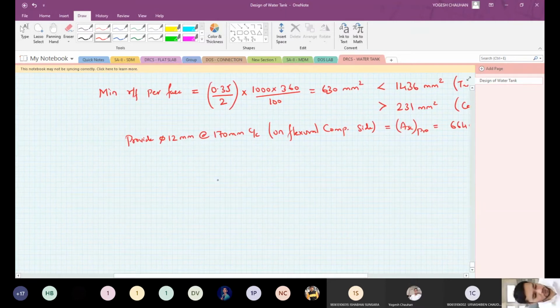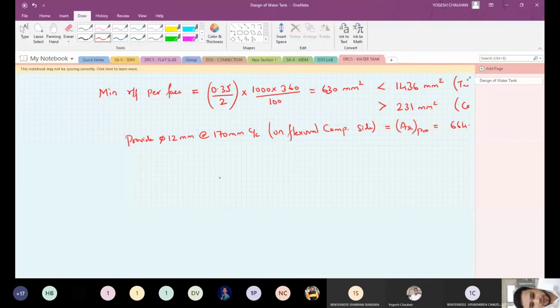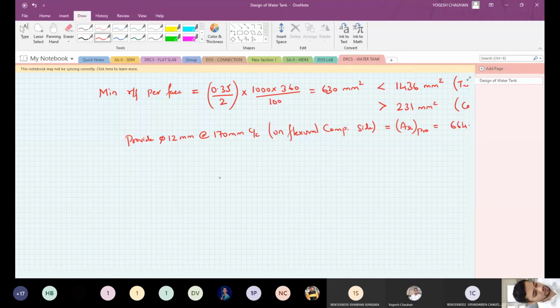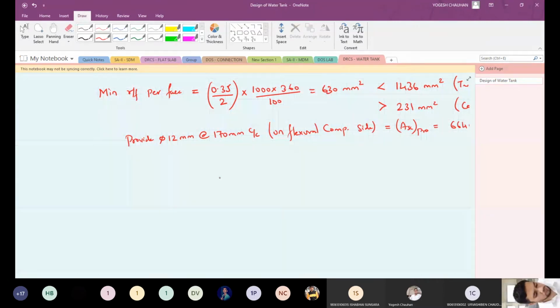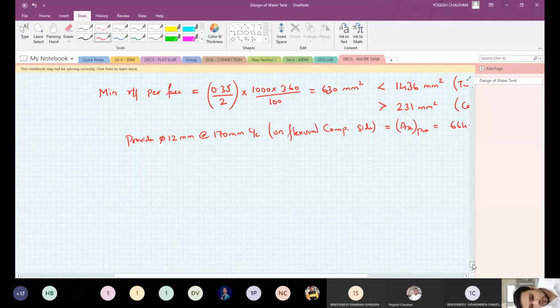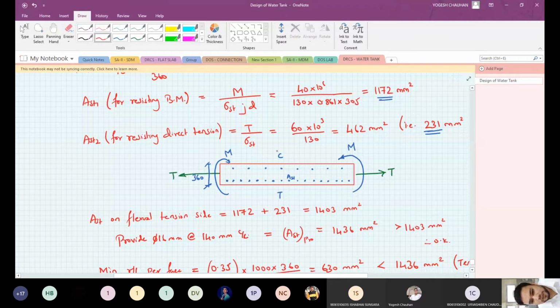Now the final check is to make sure that the interaction formula, that is the ratio of actual stress and permissible stress due to direct tension and bending compression, is less than 1, so that we have to satisfy it. Now this was about the main steel.